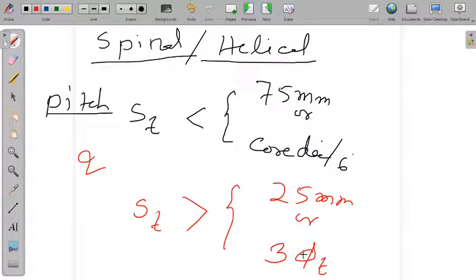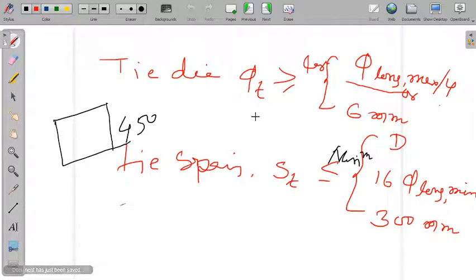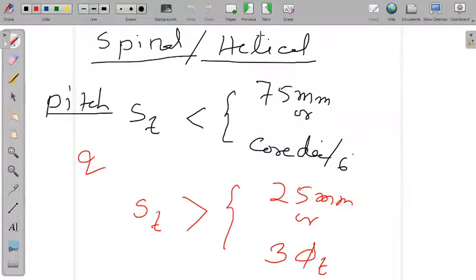This phi t is the diameter of the spiral or helical reinforcement, the same as the tie diameter we calculated, and you can calculate it the same way. Once we calculate it, then we calculate the spacing: 75 mm or core diameter by 6. Here core dia means, suppose this is the column and we have provided the reinforcement cell like that.